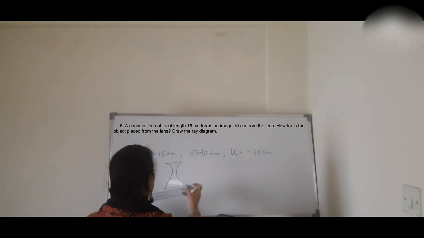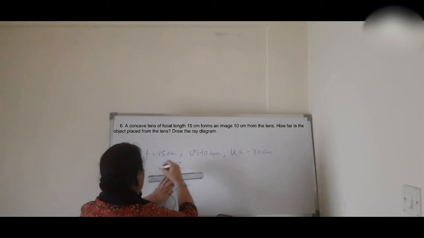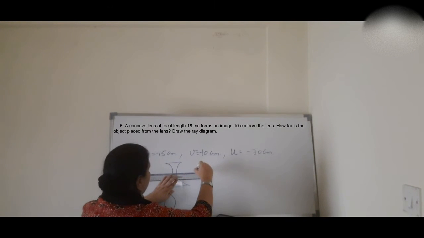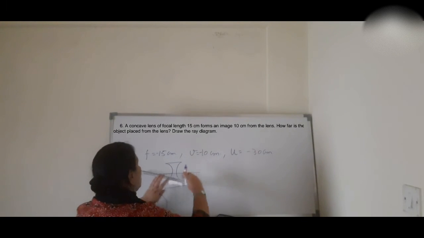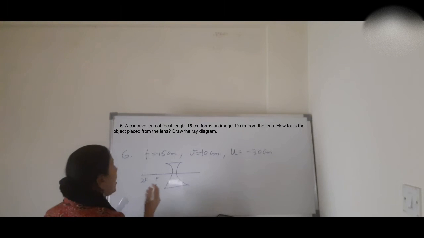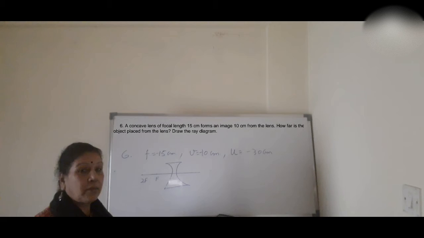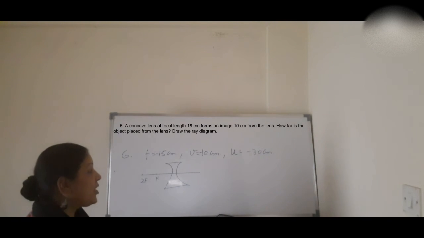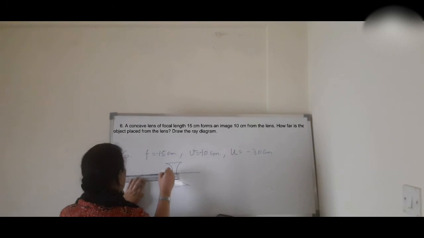I'll tell you how you're going to show it. The principal axis, everything is here on this side. So this is F and this is 2F1. Now f is minus 15, so 2F1 will be minus 30, and u is also coming as minus 30.